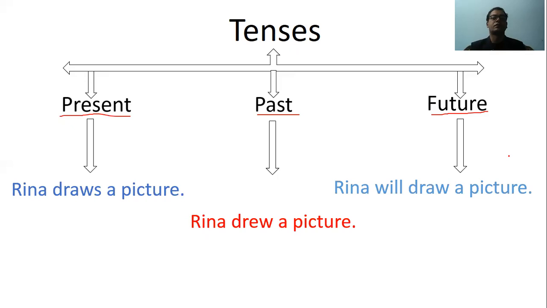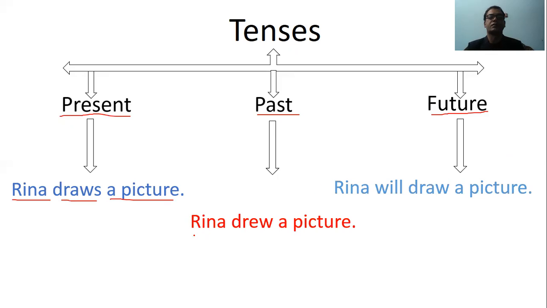We see here 3 examples. Present tense: Rina draws a picture. We see here 3 parts: subject, verb, extension or object.